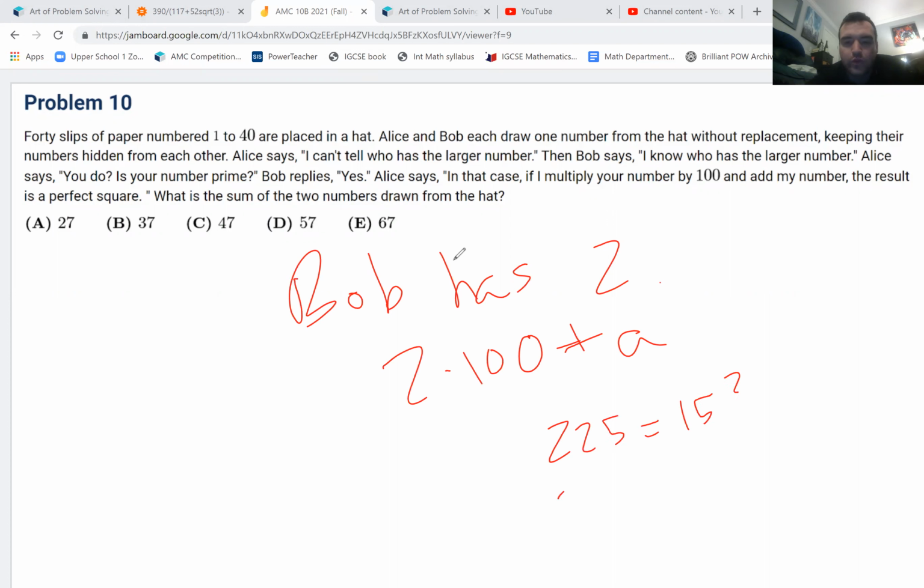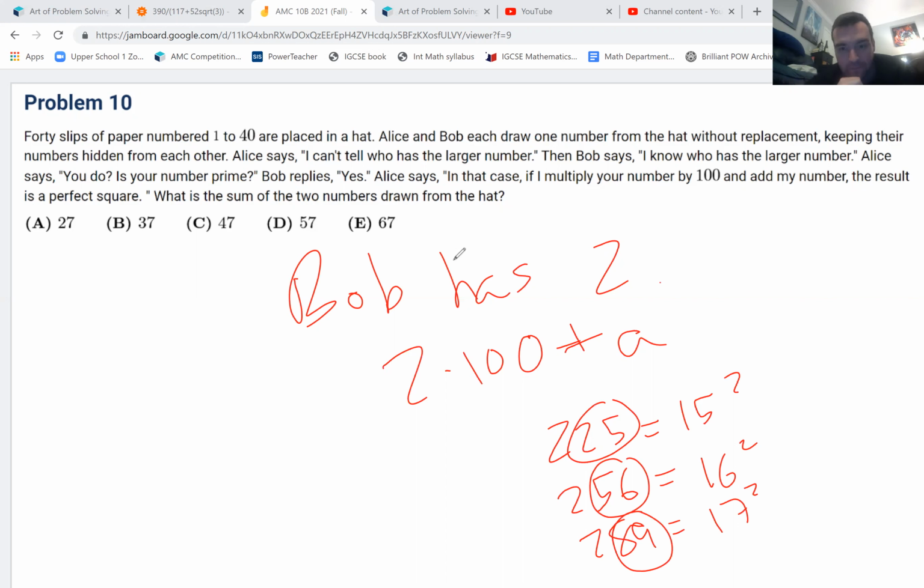We know 256 is 16 squared. I think 289 is 17 squared, and 18 squared is, I think, above 300. So we know that Alice's number either has to be 25, 56, or 89. Well, we only have 1 to 40, so therefore Alice's number must be 25.